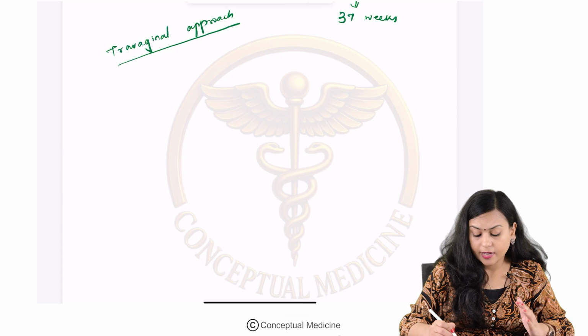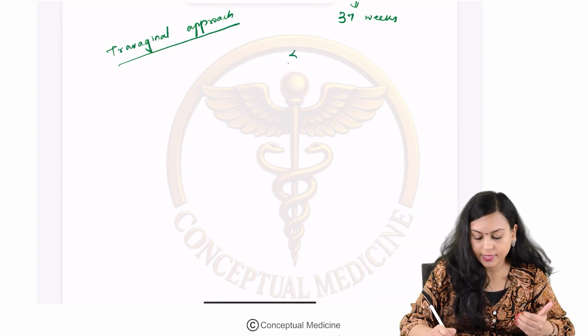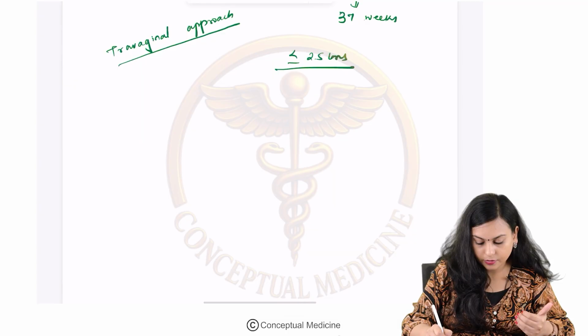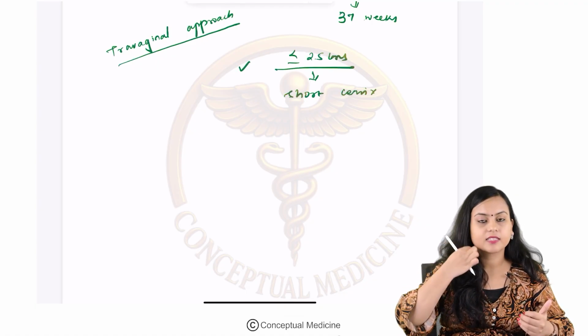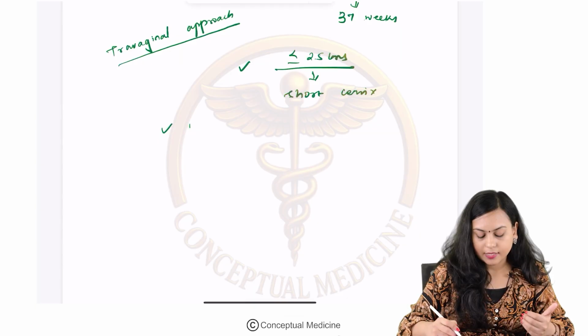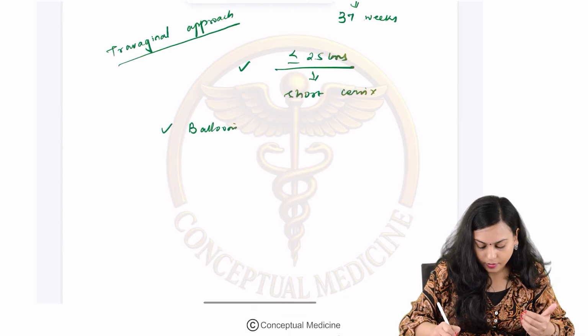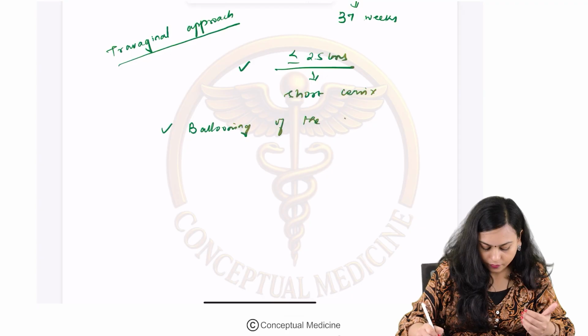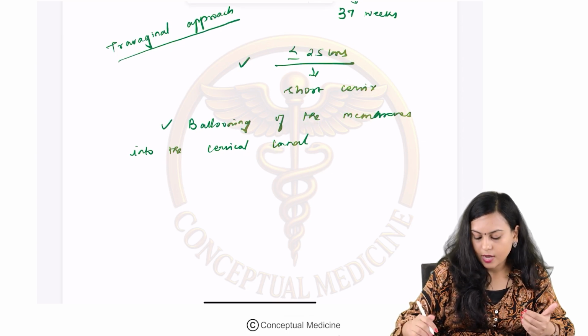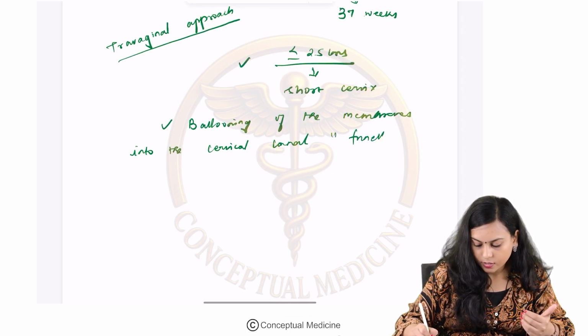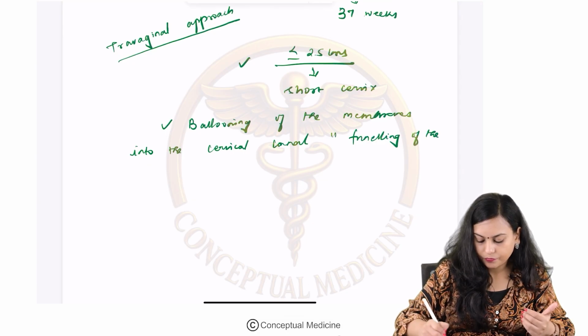Suppose the value at any time falls short, there is a cervical incompetency as the pregnancy progresses. In some cases, you have ballooning of the membranes into the cervical canal, and this is usually known as the funneling of the cervix.